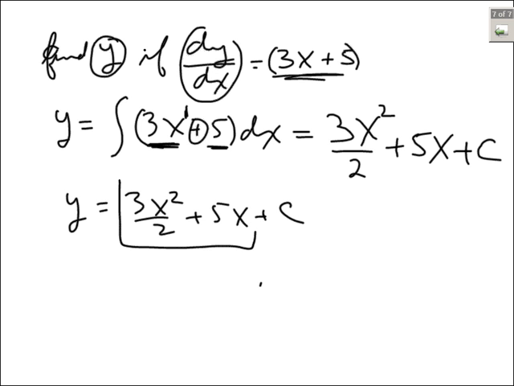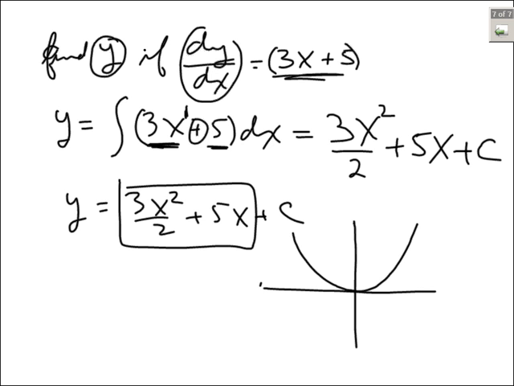If it turned out that the graph looks like this, that is c is 0, because I'm adding 0. Well, if c was 1, I would get this graph. If c was 2, I would get that graph.